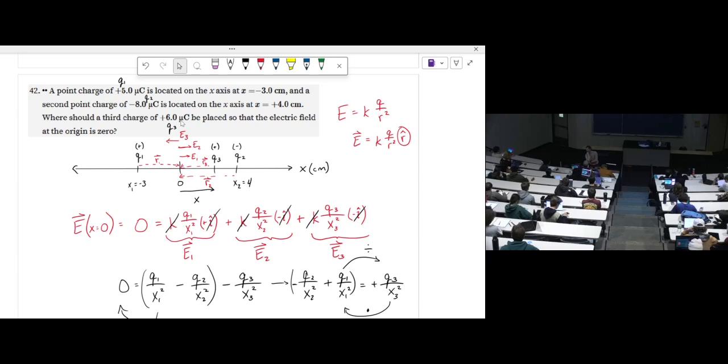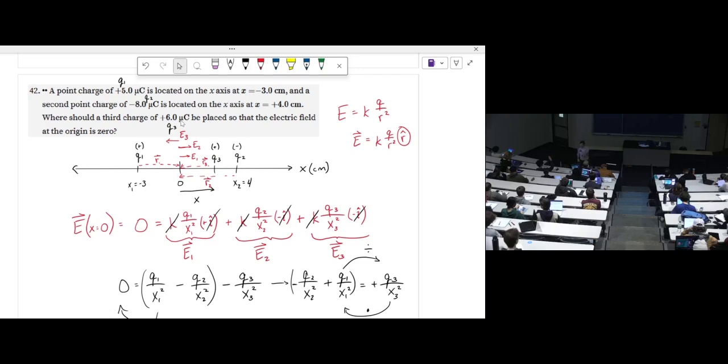If it had just said you have a 6 microcoulomb charge and you just know the magnitude of it, then you'd have to take into consideration that it could be positive or negative, and we'd have to keep both solutions. The positive would correspond if the charge was positive, and the negative solution would correspond if the charge was negative.